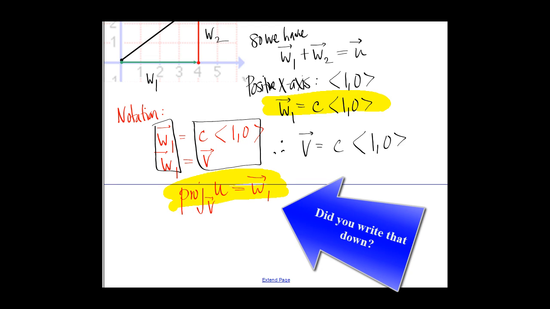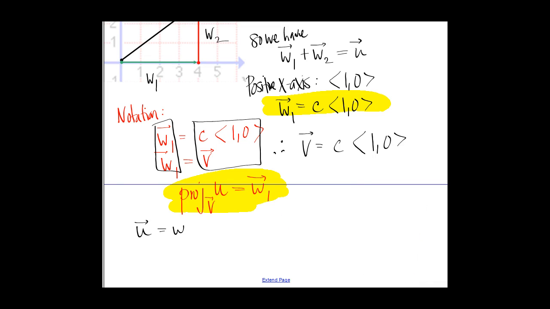We'll highlight that. We said vector u is equal to w sub 1 plus w sub 2. So substituting this in, we can say that vector u is equal to the projection of u onto vector v plus w sub 2.